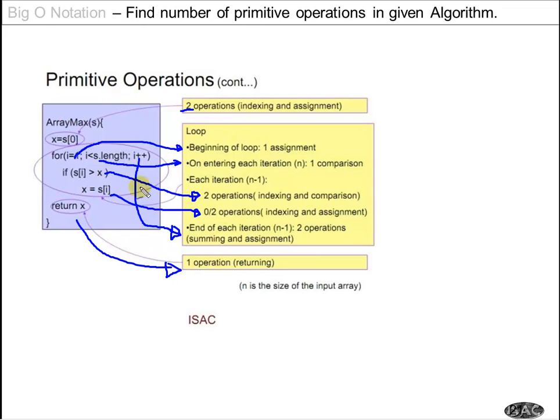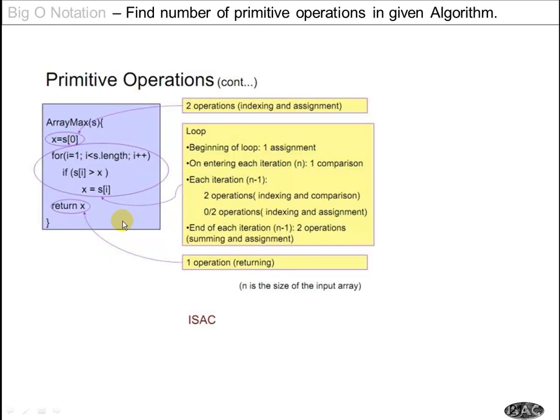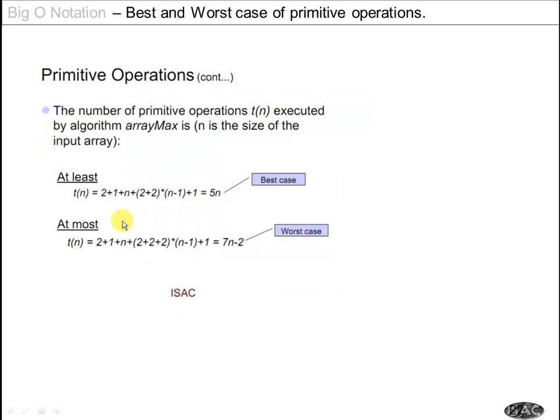Once you calculate the primitive operations, the next step is how we use that information. Let us assume that we have calculated these primitive operations. Now the number of primitive operations T(n) executed by algorithm arrayMax, where n is the size of the input array.